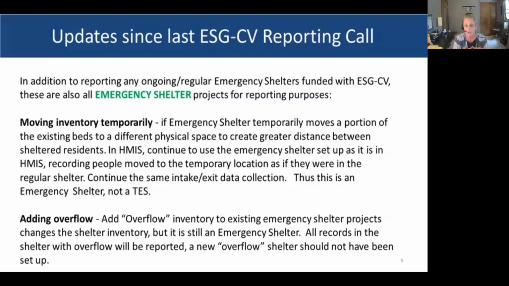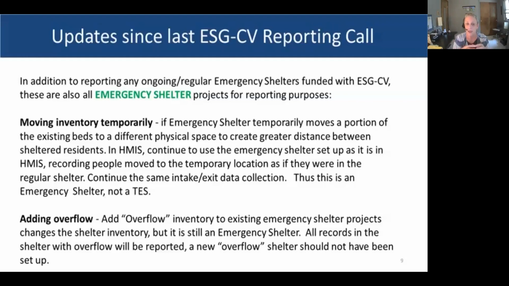What we found is that there were lots of instances where the shelters felt like they couldn't operate because of physical distancing or staff being afraid of the virus, or for whatever various reason there was, they moved folks from the emergency shelter to hotel, motel kind of rooms.